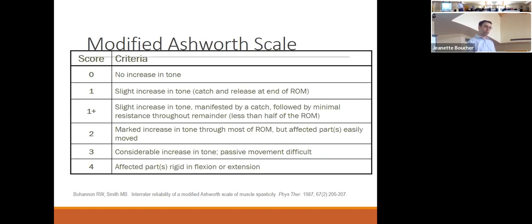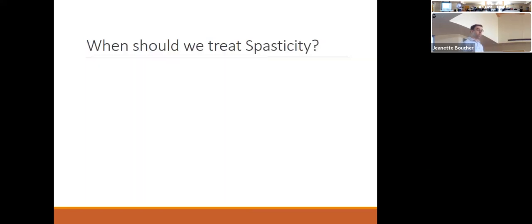This again is the Ashworth scale, the 0 to 4 scale that we use. More so for us as clinicians, but this is something that we'll at least have in your chart or as part of your assessment, so we know how we're doing with our management. So when should we treat it? Again, if your function is impaired.